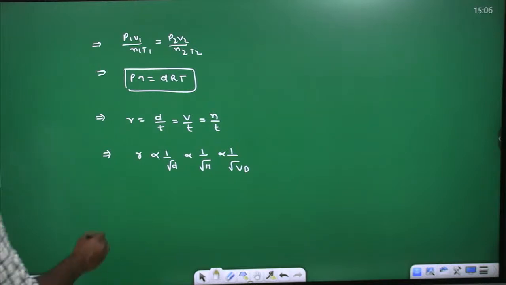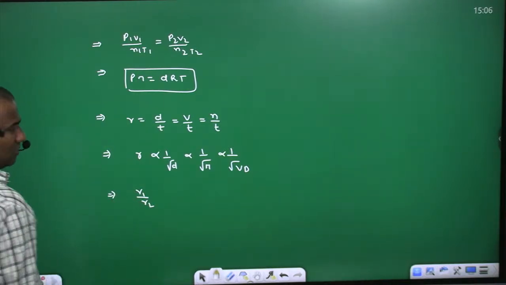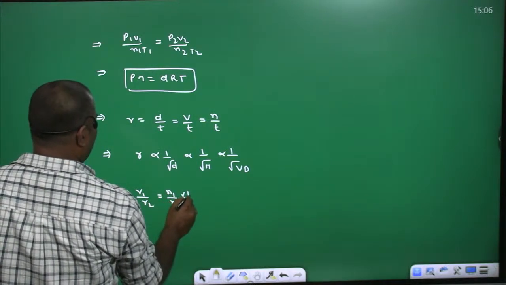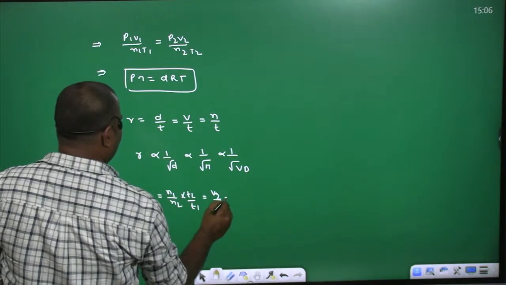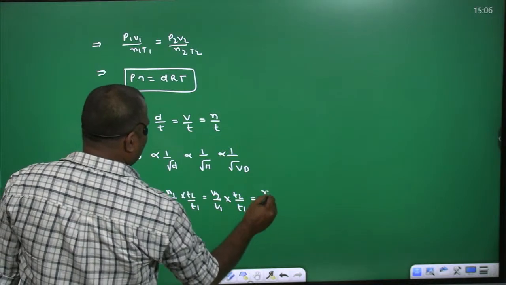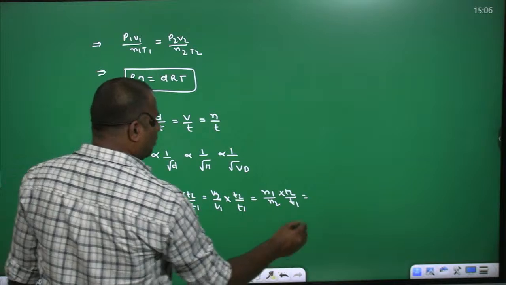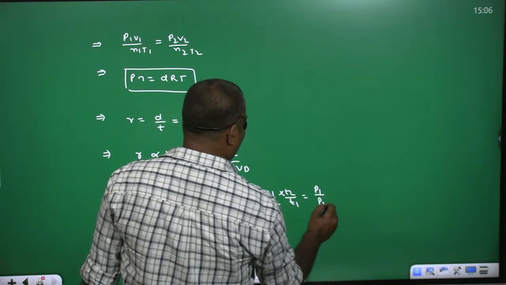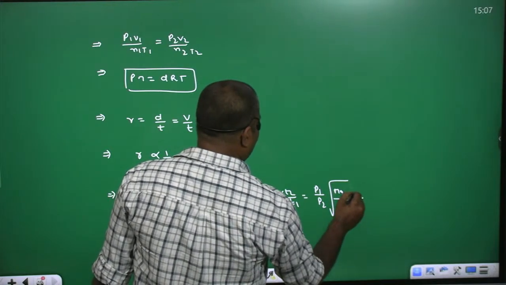From all this we can write R1 by R2, if you have two different gases, then you can write N1 by N2 into T2 by T1 equal to V2 by V1 into T2 by T1 equal to N1 by N2 into T2 by T1 equal to P1 by P2 into root over M2 by M1 into T1 into T2.